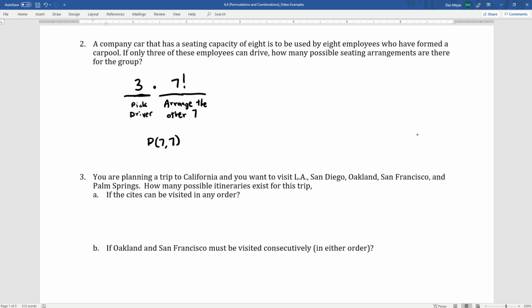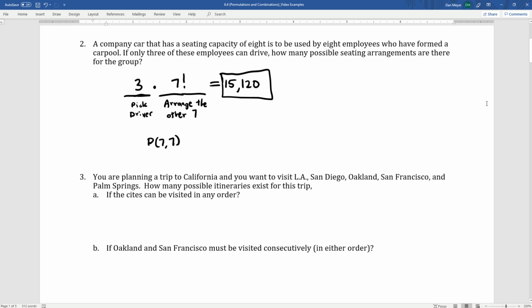We don't have a selection set where we're selecting fewer than the entire number of people available. We're just going to take all 7 and arrange them. So that's 7 factorial. When you get this entered into the calculator, it should give you an answer of 15,120.